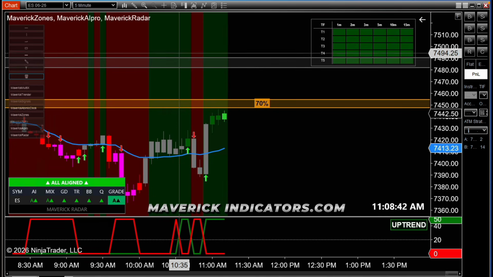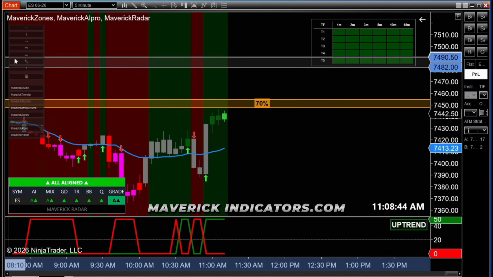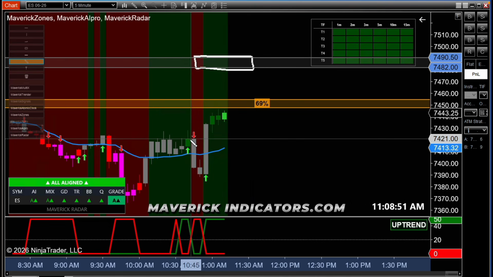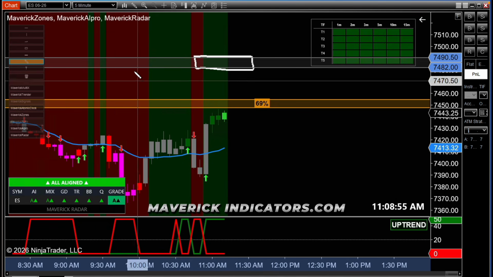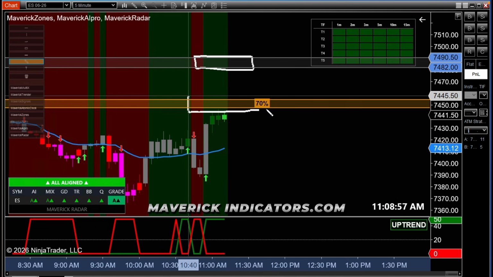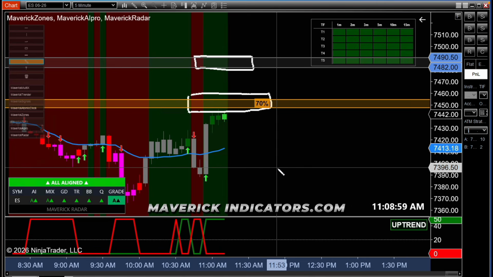Now, the Maverick Zones, which is out now on TradingView, will be out in NinjaTrader in the next couple of weeks. For all our indicators in the Ultimate Edge bundle, the majority of everything you're seeing here works on NinjaTrader and TradingView. The Maverick Zones auto-draws your support and resistance zones by probability.